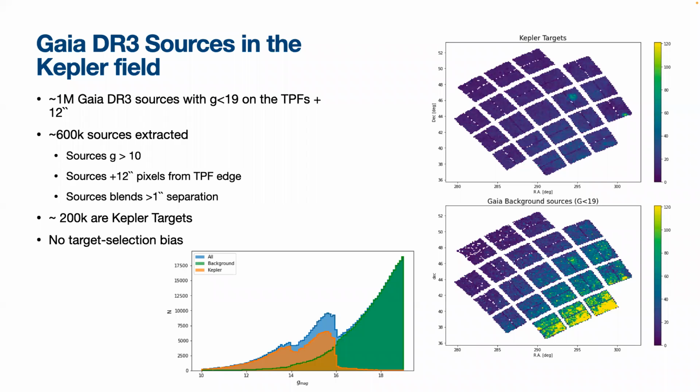But we also allow for sources that are slightly outside the TPF, outside the pixel data, because we can still extract information from the wings of the PSF that can still be there in the pixel data. And after applying all these cuts, we got to that previous number that I mentioned of around 600,000 sources that we end up extracting during the 17 quarters that Kepler observed.